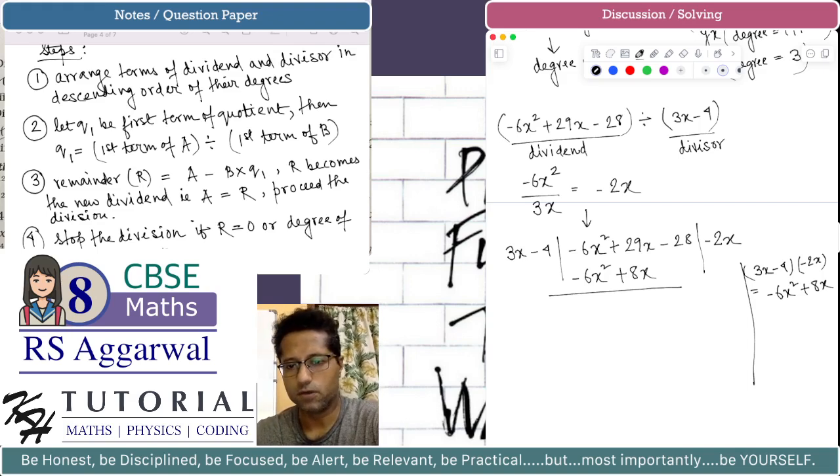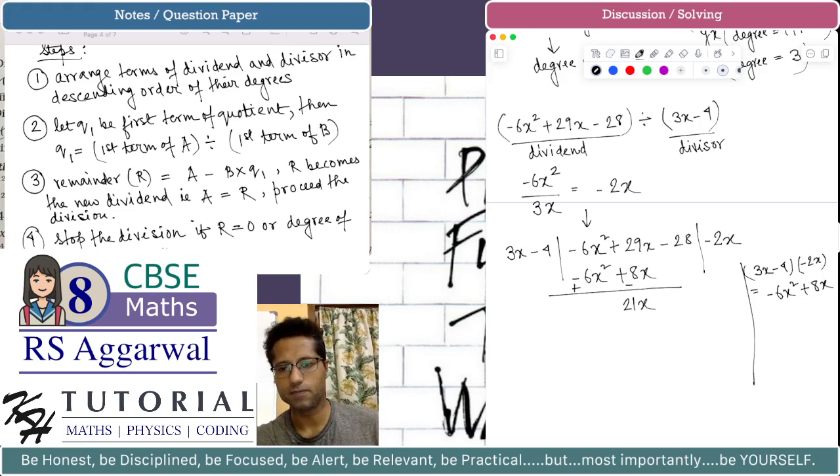When you subtract, the signs will change. Minus 6x square changes from minus to plus, and plus 8x changes from plus to minus. So plus 6x square and minus 6x square cancel out, and you have 29x minus 8x, which is 21x.